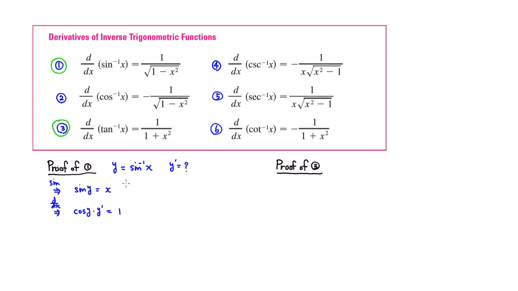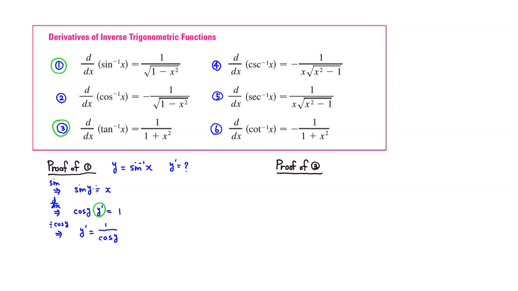Since we're looking for y prime, all you have to do is isolate that. So I'm going to divide through by cosine of y. So y prime is equal to 1 over cosine of y.